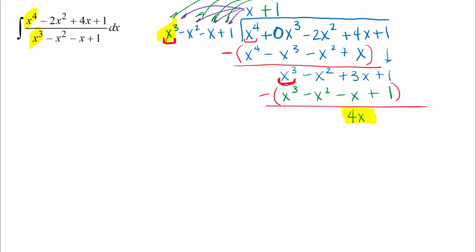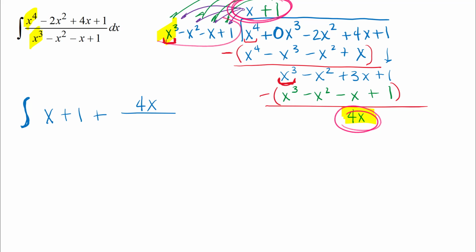And so I can go back to my original integral and rewrite my original integral as the integral of, and then I'm going to have my quotient, which is up here, x plus 1, plus my remainder, which is my 4x, over the divisor, what we were dividing in.